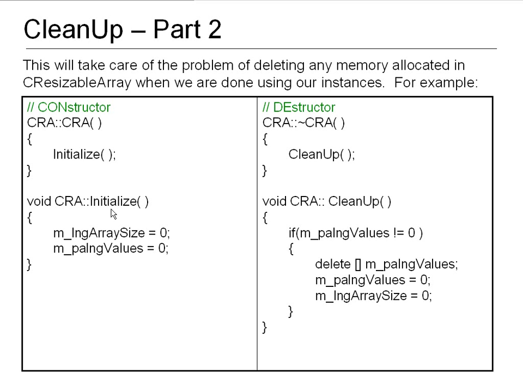You'd probably want to make initialize private after that, because if anyone else called it, you would lose your pointer to that hunk of memory that you allocated. So initialize would probably become private. Then in the destructor, you would call cleanup, and if your pointer is non-zero, you would delete it, set it to 0, and also set the size to 0. And that way you would make sure that you disposed of any memory that you dynamically allocated.